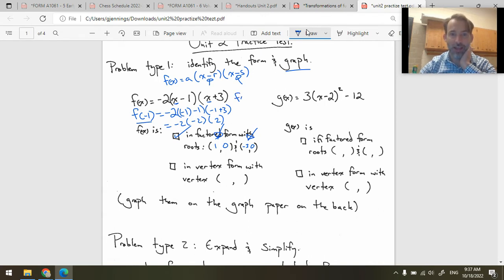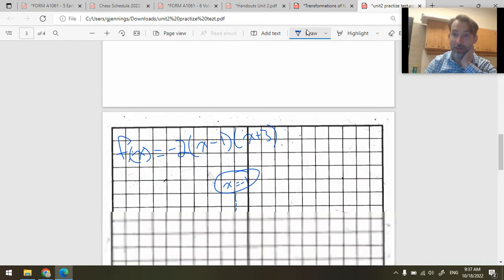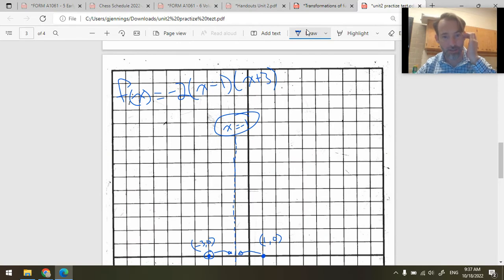So f at negative 1 equals 8. So that's the point negative 1, 8. It's on the axis of symmetry, and it's up there at 1, 2, 3, 4, 5, 6, 7, 8. Count it with me, and there it is.